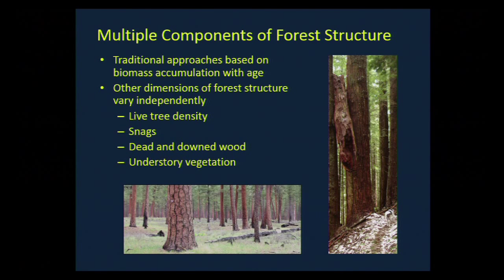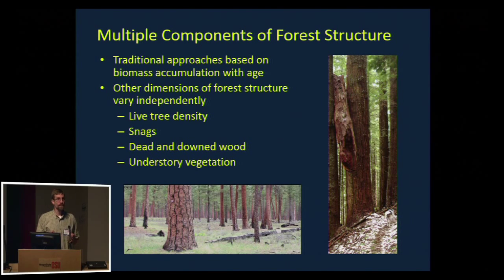There are multiple components of forest structure out there. The traditional approaches to structural development that Jane presented are primarily based on this monotonic accumulation of biomass over time. Forests grow when they're young and accumulate live biomass and get bigger trees, and then sort of plateau and maybe decrease a little bit at the end. But we do know that not all forests out there work like that.